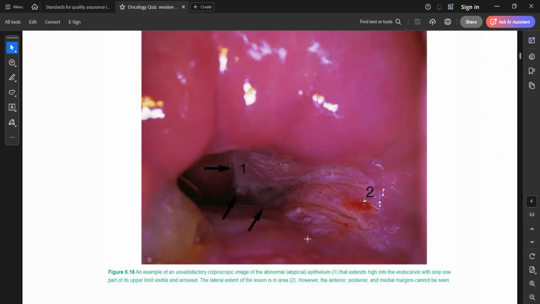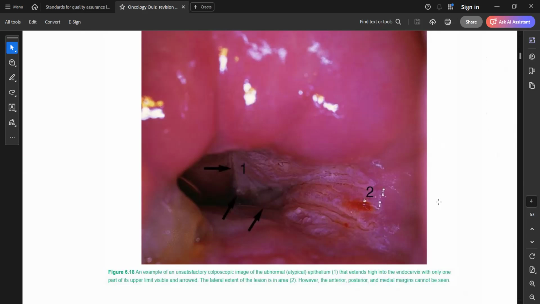Here, he can see the changes. As you can see, we are having some punctuations, some white areas, some ulcerations, but I cannot see the upper limit, okay, of the whole area. I can only see its upper limit here, but down below, I cannot really see where it goes.